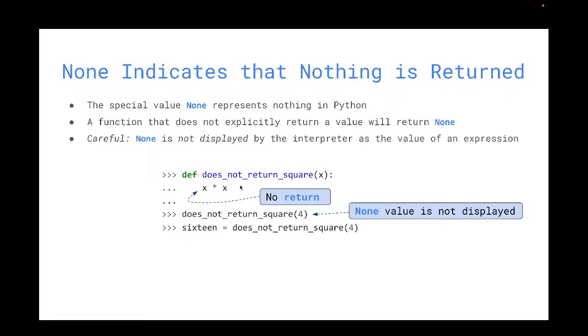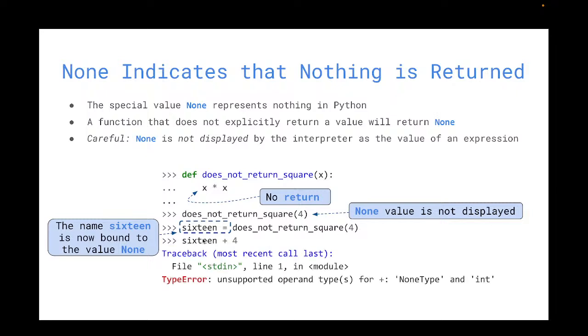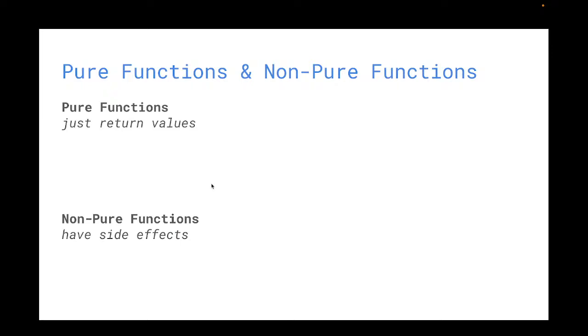So if I put 4 in here, it should give me 16. Then if I save the result of the function call into a variable called 16, 16 plus 4 should give me 20, but look, we get an error because 16 is actually bound to None. This function actually didn't return anything. So make sure you're returning.